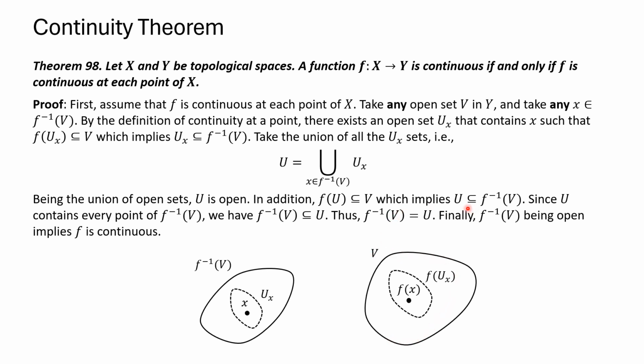And then we take the inverse on both sides of this, and that implies U is a subset of f inverse of V. So U is inside of this region.